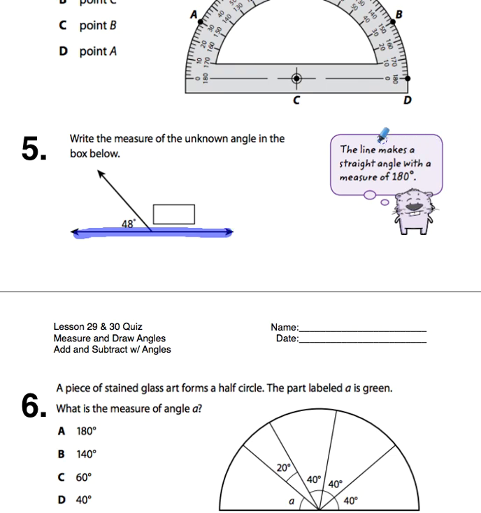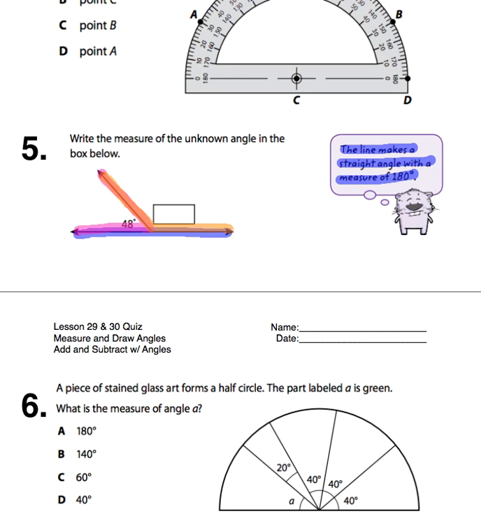Here's a little note for you. The line makes a straight angle with a measure of 180 degrees. So here is your straight angle. And then you also have this angle here and this angle here.